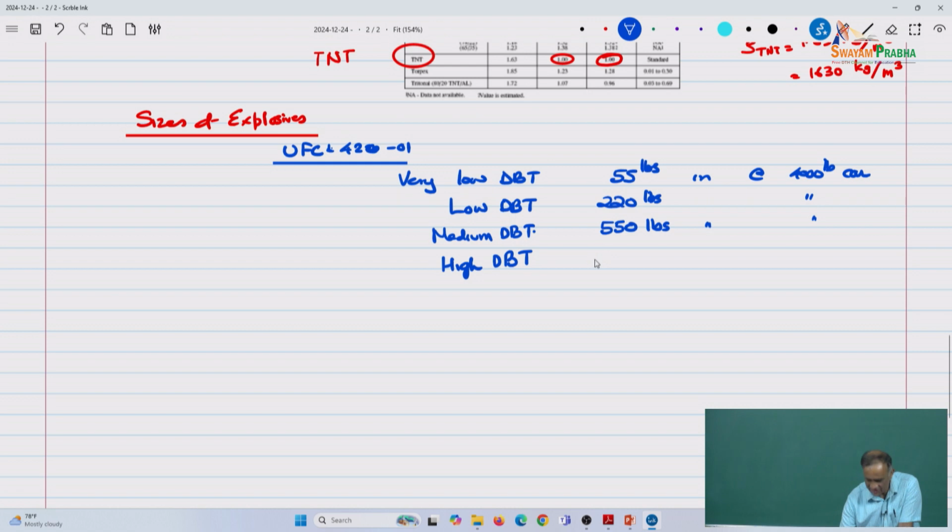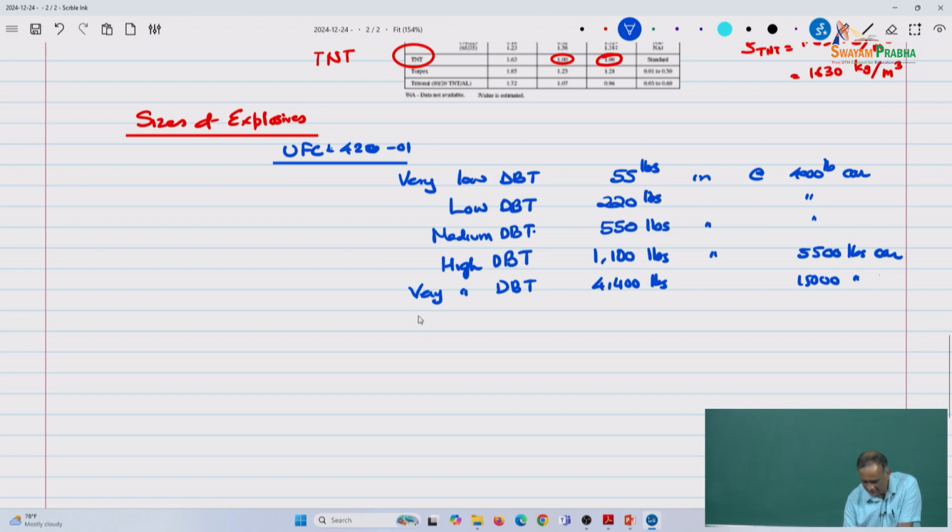Then in the high DBTs, you are now looking at 1100 pounds. And for this you need a bigger vehicle, maybe a truck. And you also have very high DBTs going up to 4,400 pounds in a 15,000 pound truck.